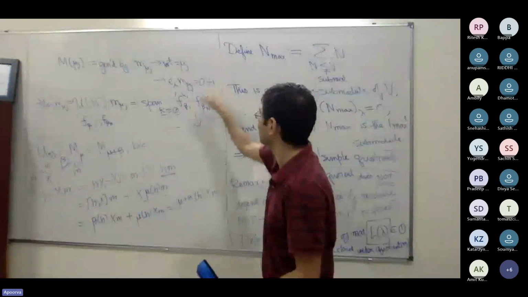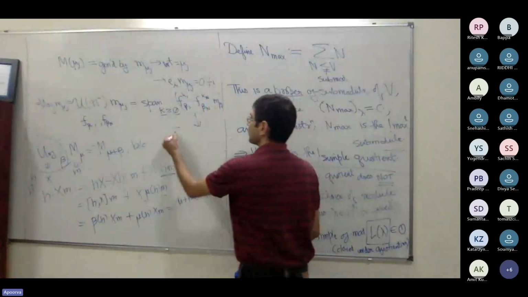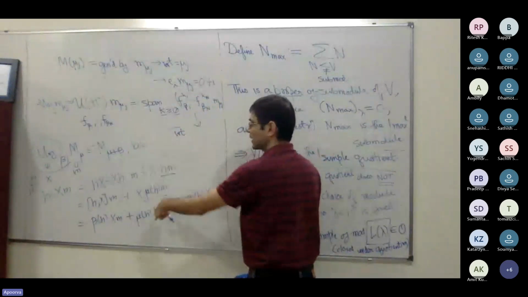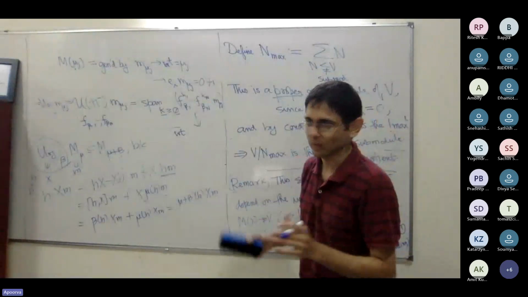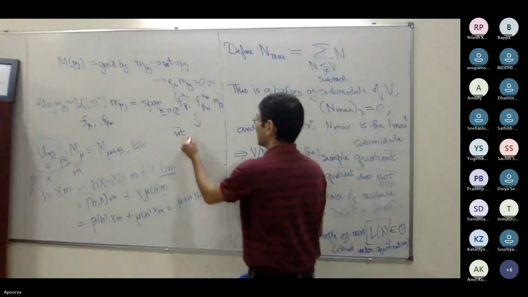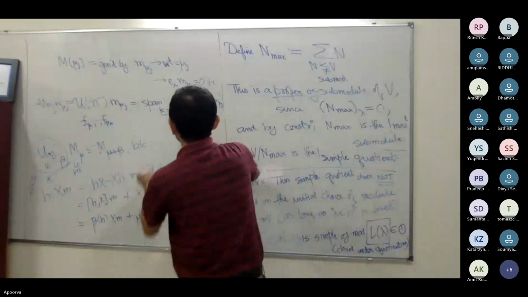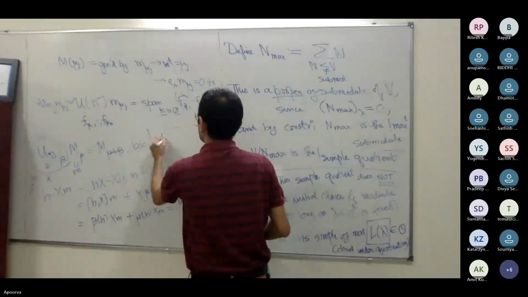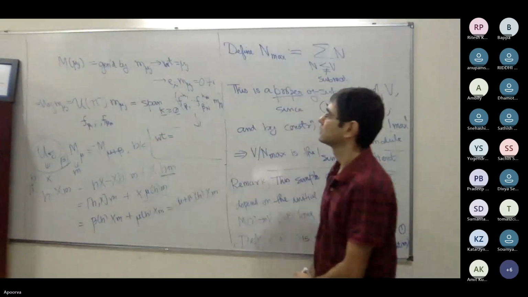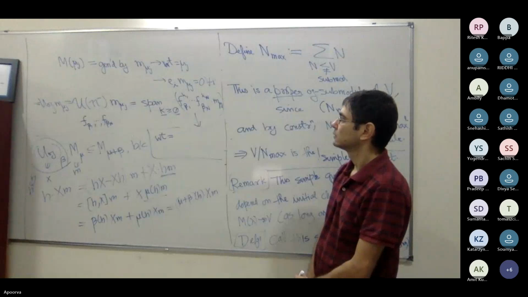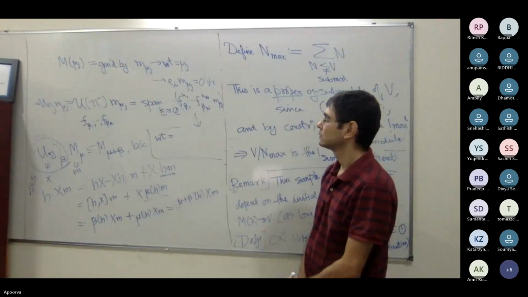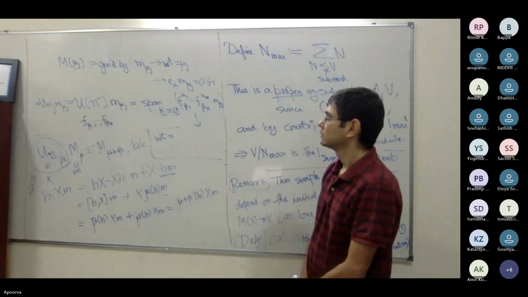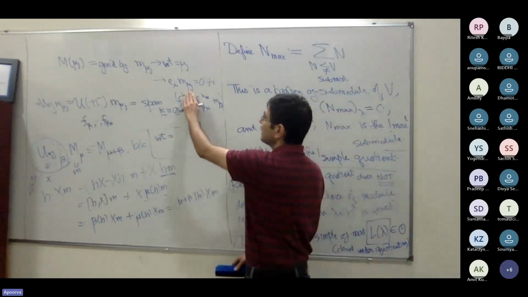Therefore, now what is the weight of this guy? If you understand this part, tell me the weight of this guy. I mean, somebody, anybody. So the point is, what is the weight of each individual guy?